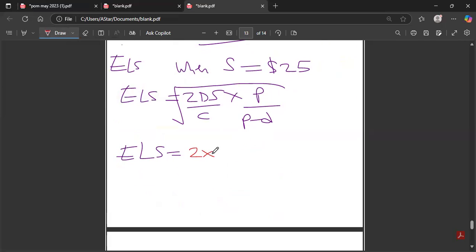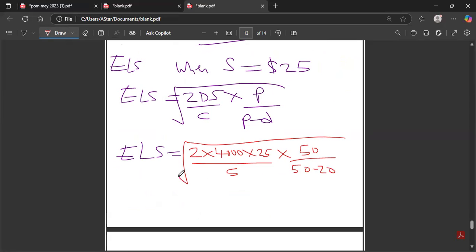So 2 multiplied by D, which is 4,000, multiplied by 25 this time, over 5 multiplied by 50 over 50 minus 20. So our economic lot size will give us what? 2 times 4,000 times 25.